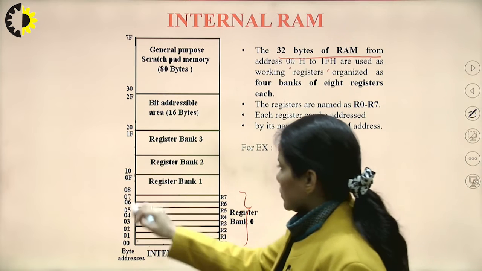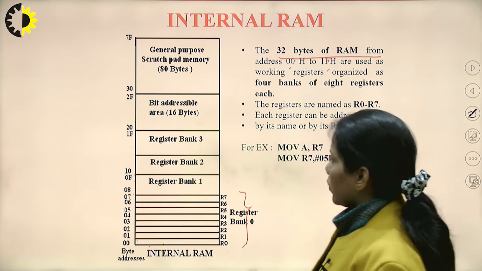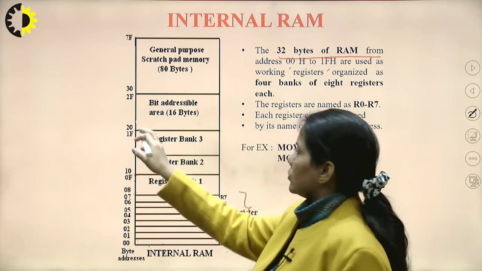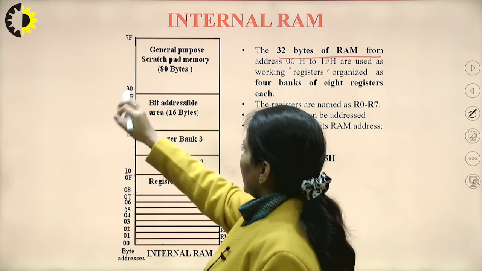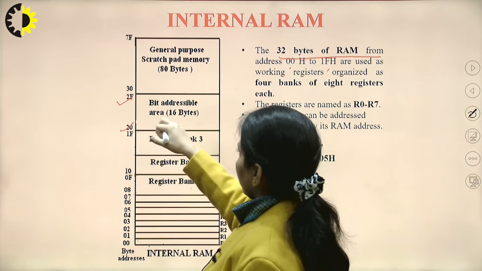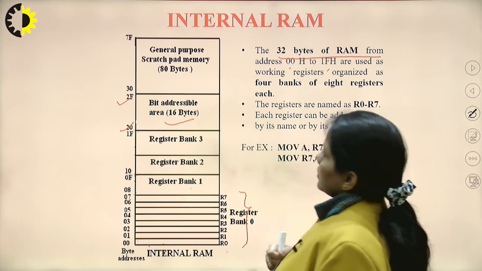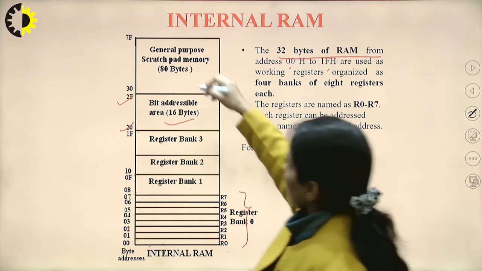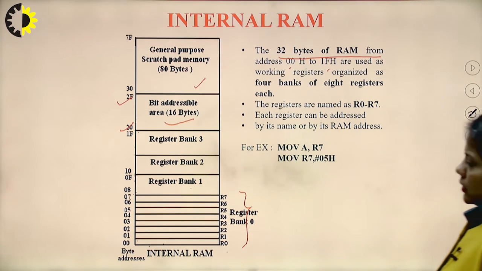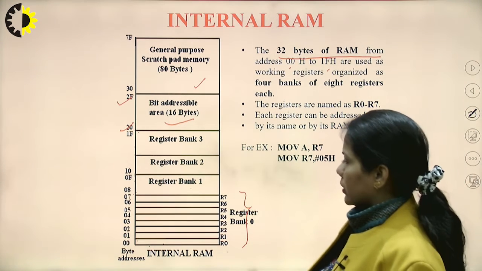So 00 to 07 is bank 0, 08 to 0F is bank 1, 10 to 17 is bank 2, and 18 to 1F is bank 3. From 20 to 2F is the 16 bytes of bit addressable area, and 30 to 7F is the 80 bytes of general purpose scratchpad area. So this is the whole internal RAM shown here.